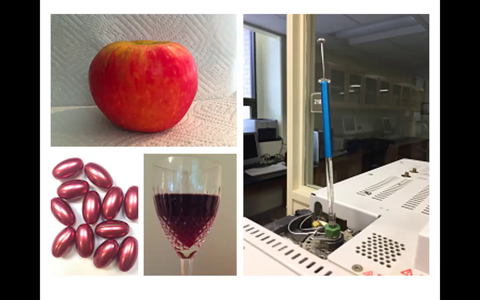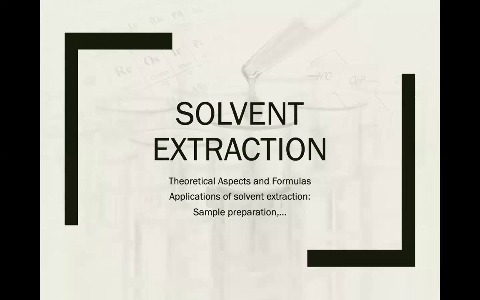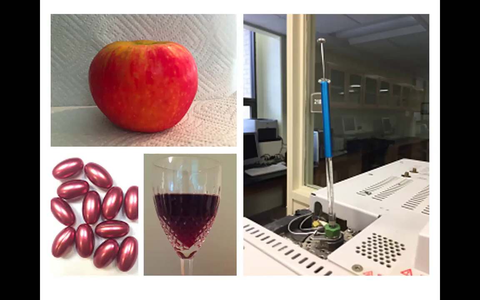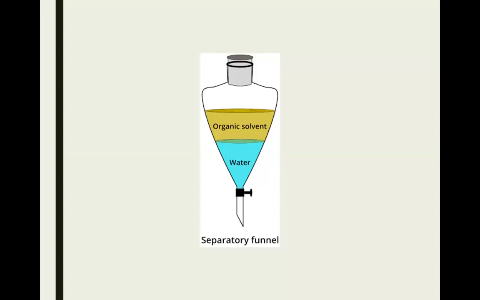So knowing the capacity of the machines, you have to do some pre-concentration step, right? So these two are the purposes of doing extraction. In this case, we start with solvent extraction. One is to prepare the sample into a suitable form to be analyzed by the machine. The second one is to pre-concentrate, to make the concentration higher for the analyte. Okay, so this is quite common.